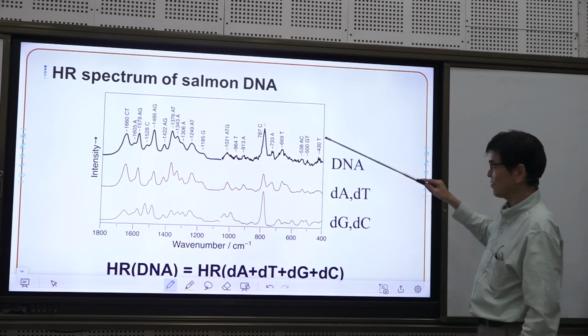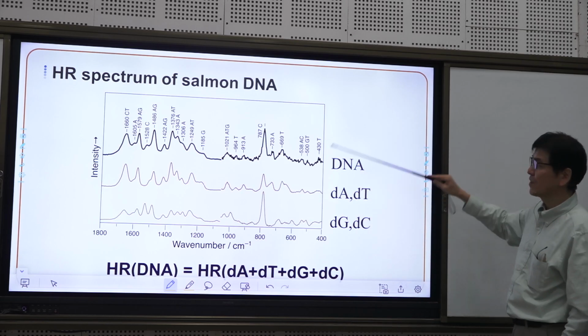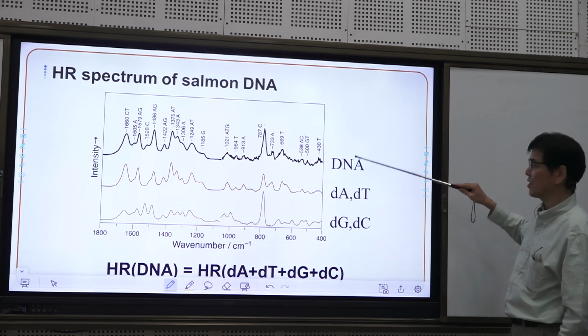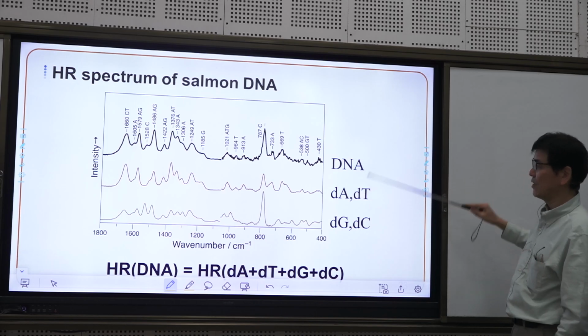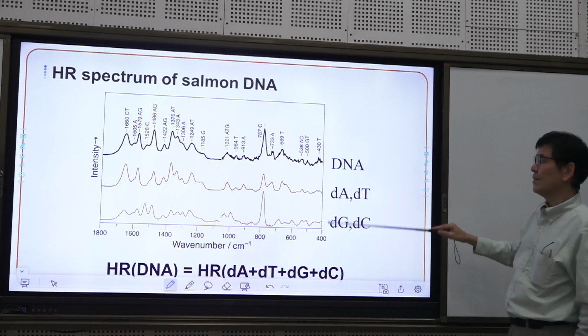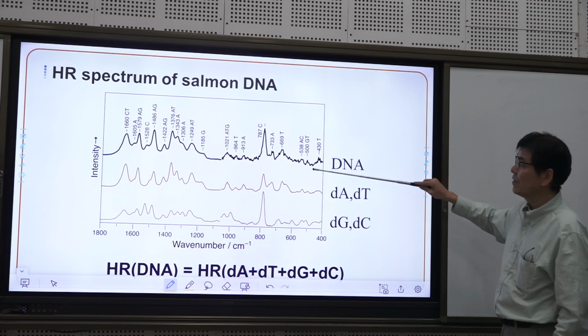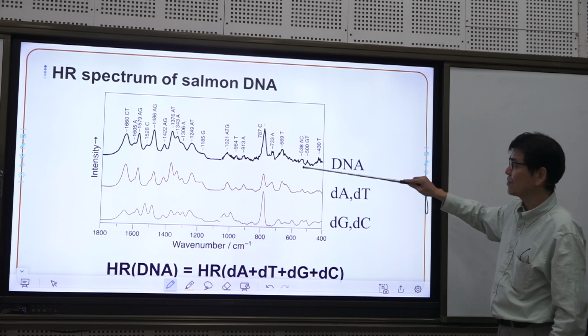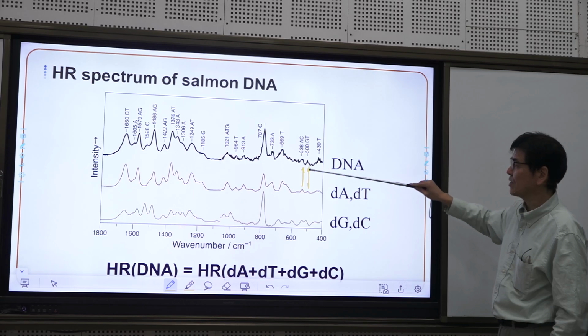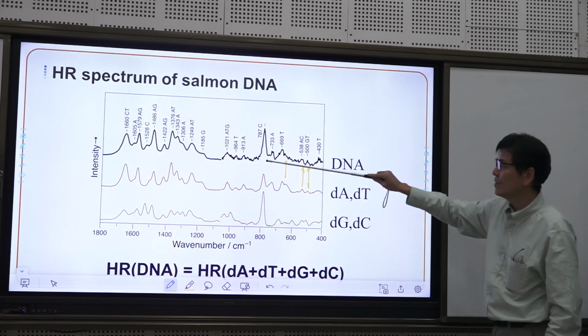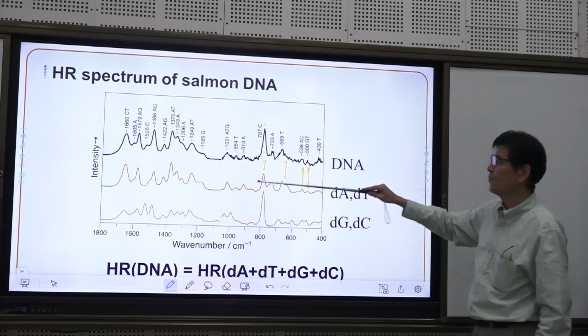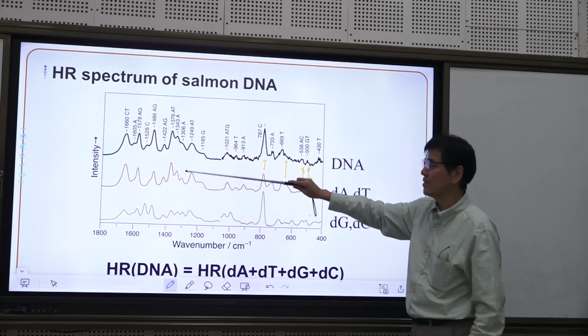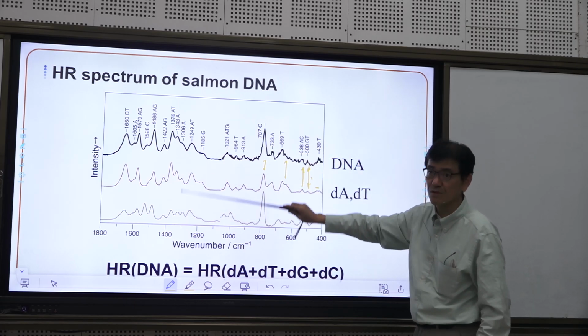Then compared with the hyper-Raman spectrum of the mixture of A and T or G and C. Then I saw the complete corresponding relationship of this result and linear combination of these two results.